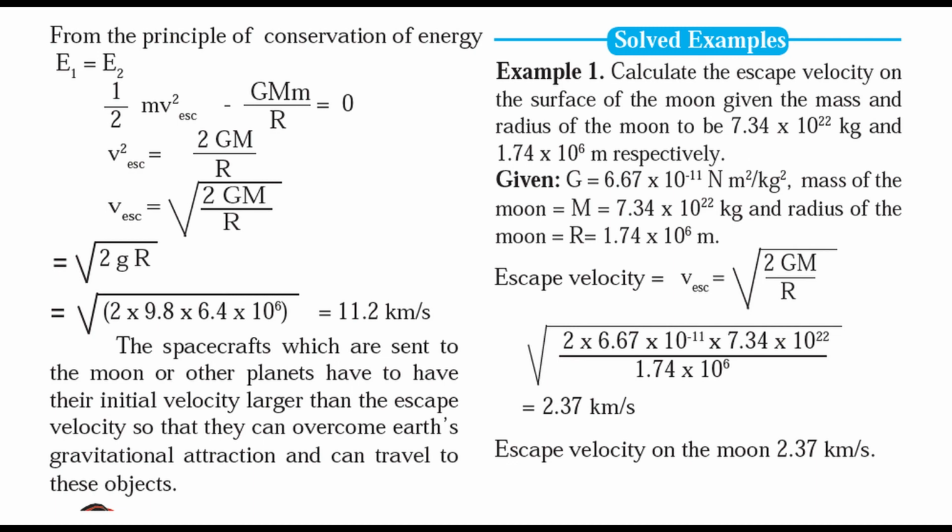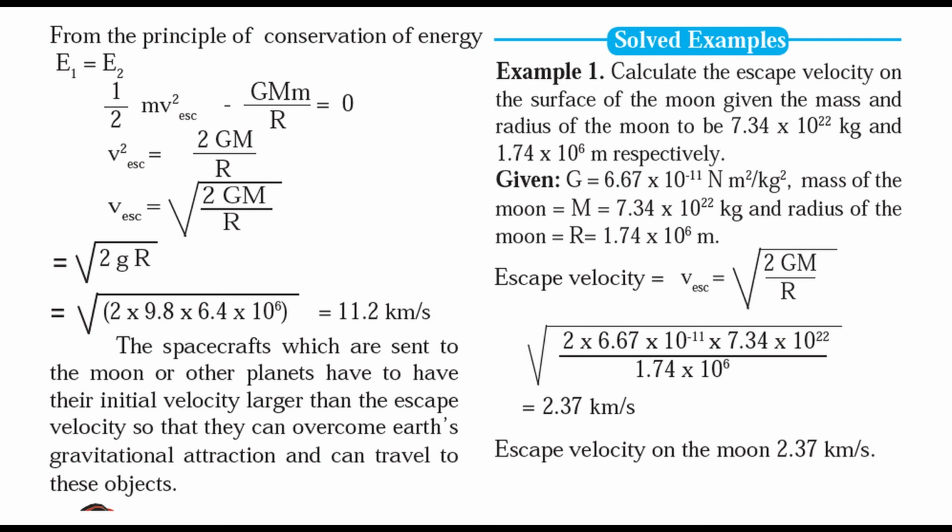So here capital G is 6.67 times 10 raised to minus 11 Newton meter square per kilogram square. We know it from our previous calculations. Mass M given is 7.34 times 10 raised to 22 kilograms and radius is 1.74 times 10 raised to 6 meters.